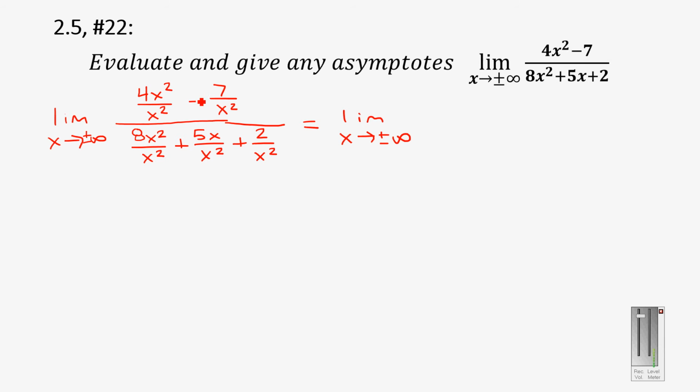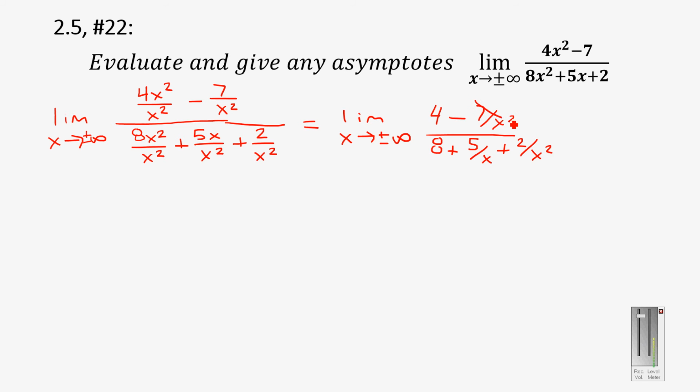On the top, the 4x squared over x squared just becomes 4 minus 7 over x squared, and on the bottom we get 8 plus 5 over x plus 2 over x squared. It makes no difference at this point whether I go to plus or minus infinity.